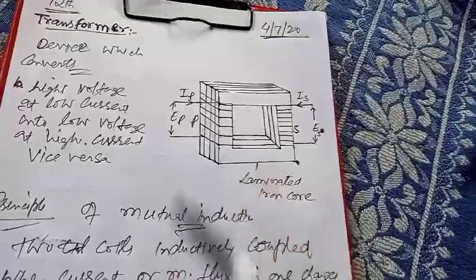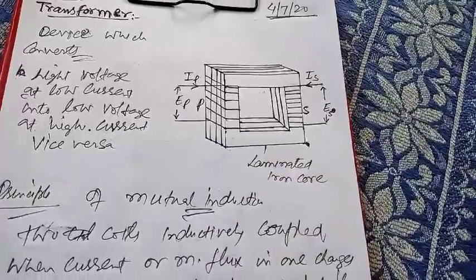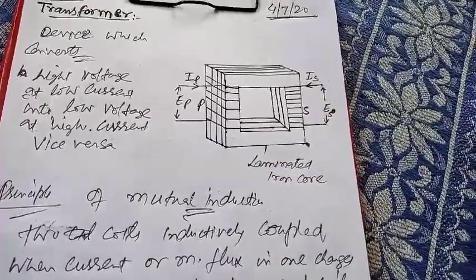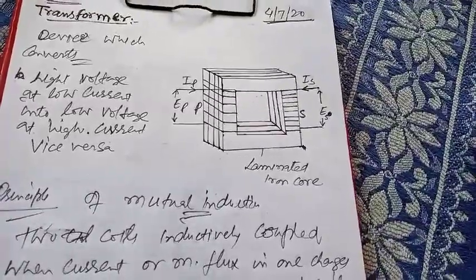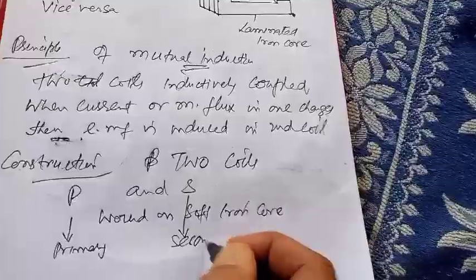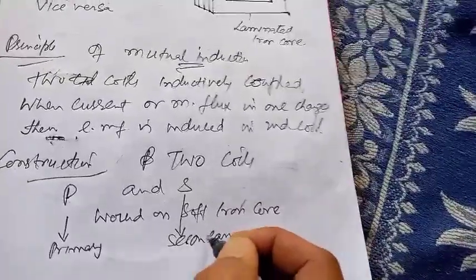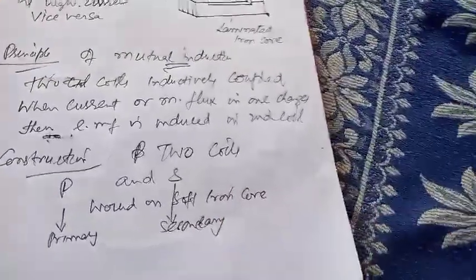This coil is called the primary coil, and S is called the secondary coil.